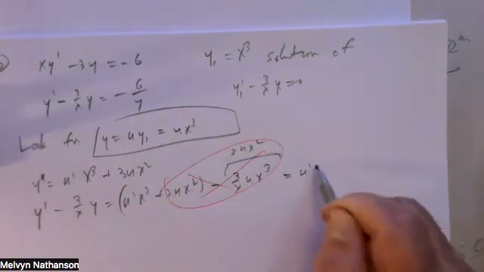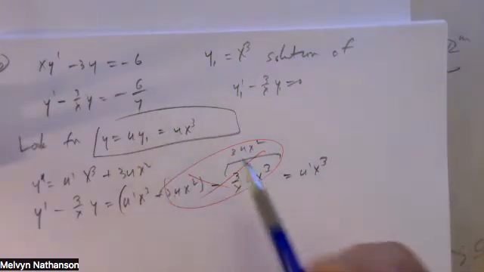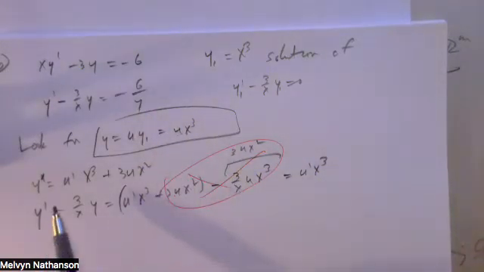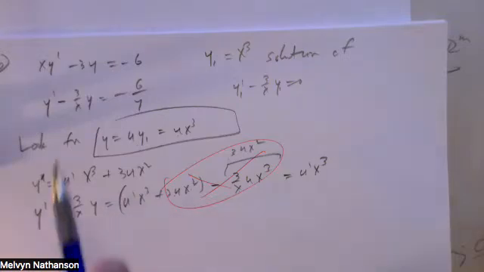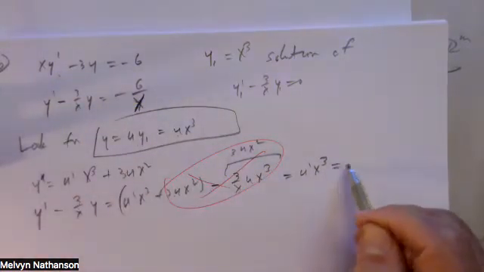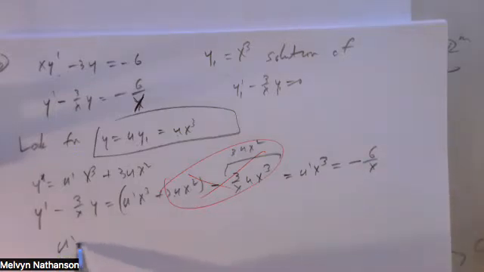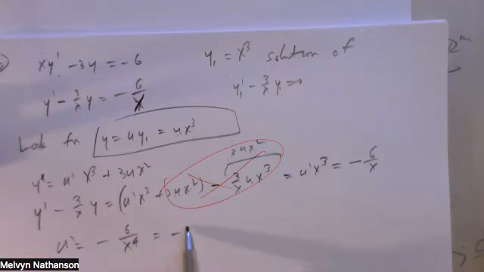So this is u prime x cubed. And this is supposed to equal minus 6 over x, I divided by x, equals minus 6 over x. So u prime is minus 6 over x to the fourth, or minus 6x to the minus fourth.